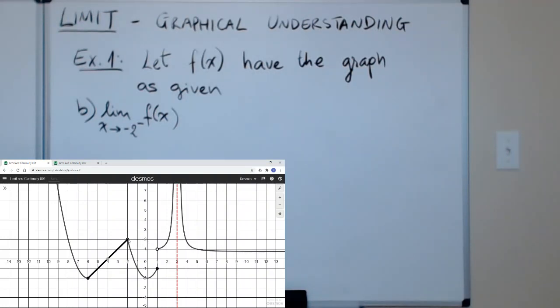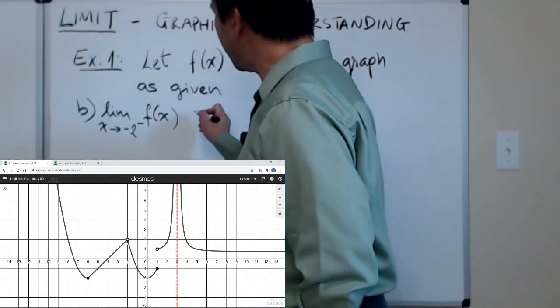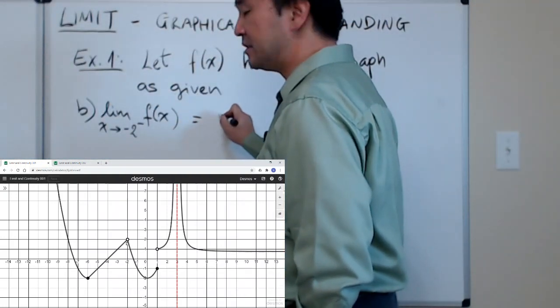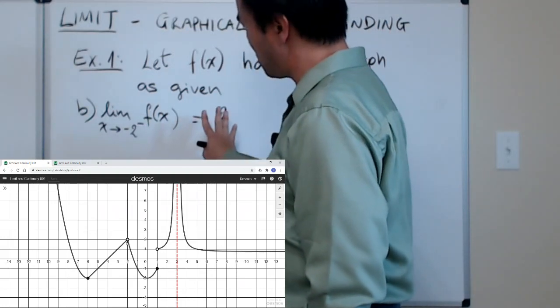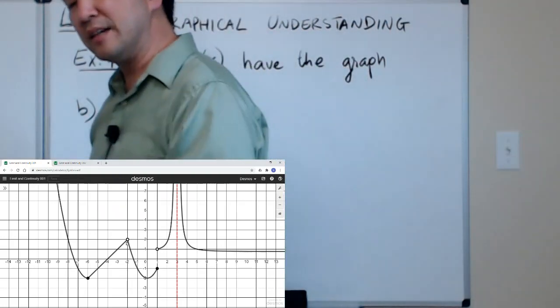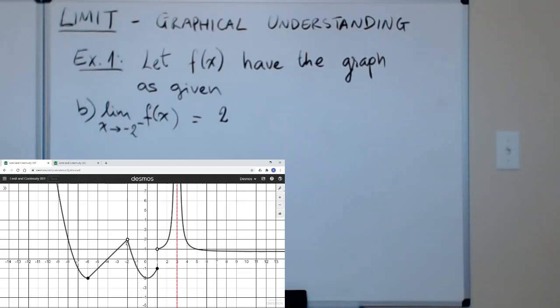Don't worry about that empty point. I'm not really having a point here. The idea is, as I'm getting closer to -2 from the left-hand side, the answer is estimated to be 2.